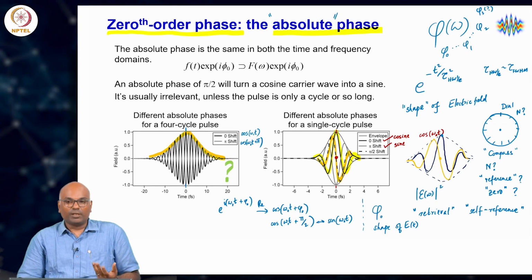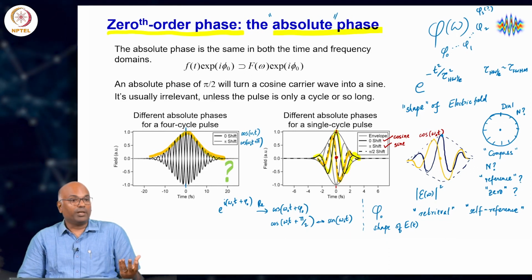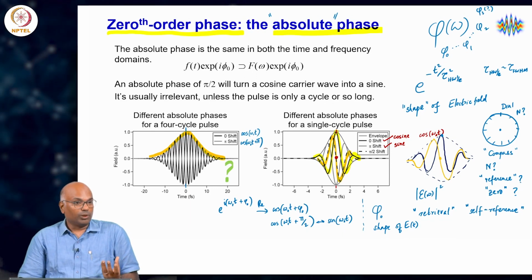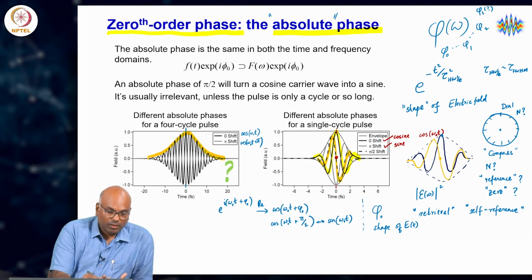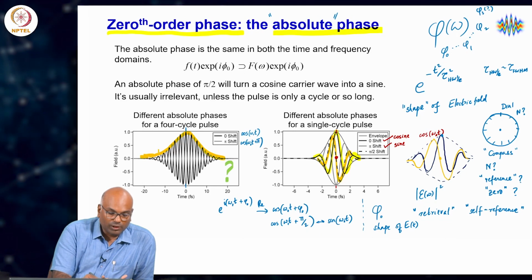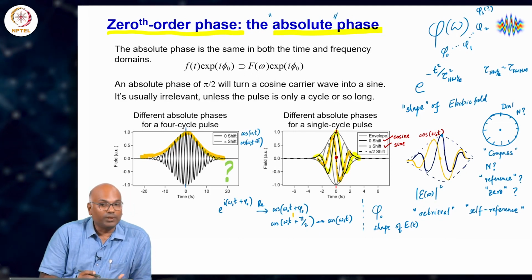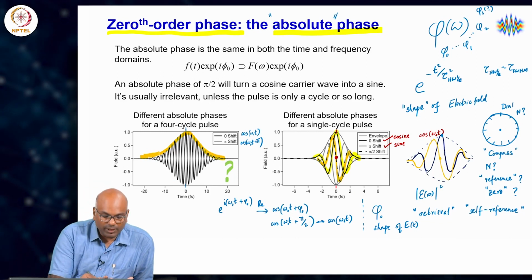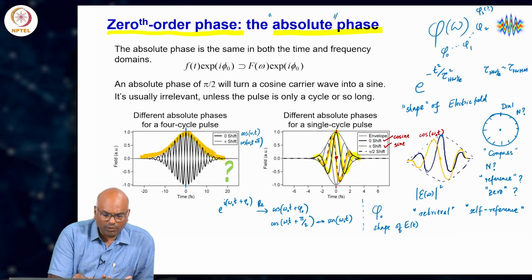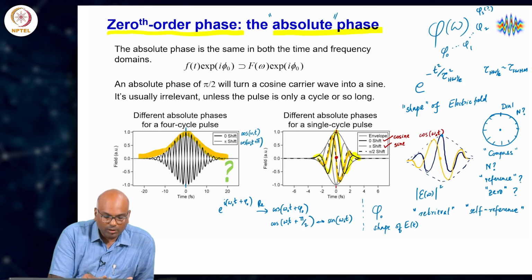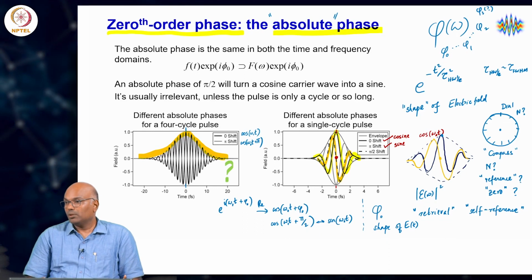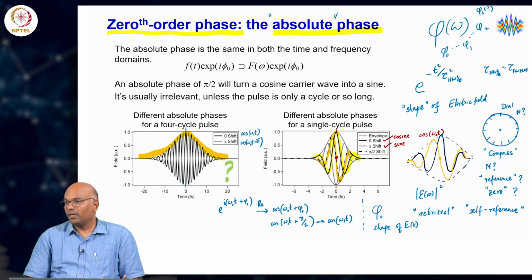The moment we measure irradiance, even if we could do a direct time measurement, that is measure everything in the time domain, do a chronoscopy, if the detector that we use responds to the absolute value square of E in time or frequency domain, we will get information from the perspective of the envelope, not from the perspective of the carrier wave or the field.